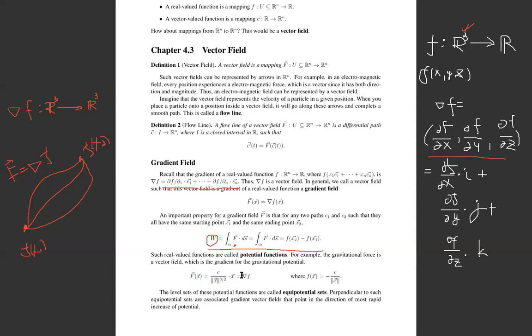Then this actually is the gradient of this real value function f, where the small f has a formula like this. You can verify that when you take the gradient of this, you end up with the vector field here. Okay.